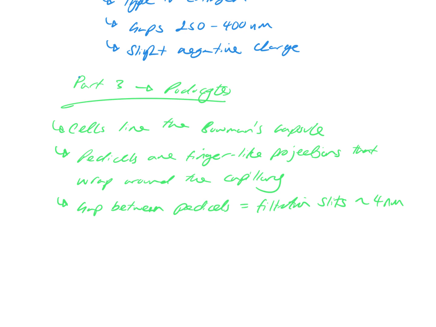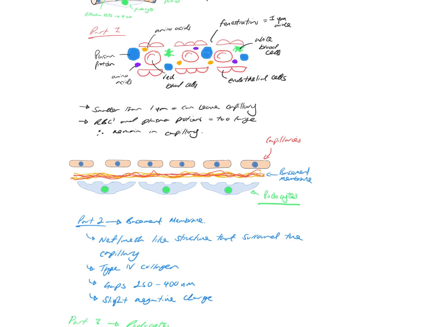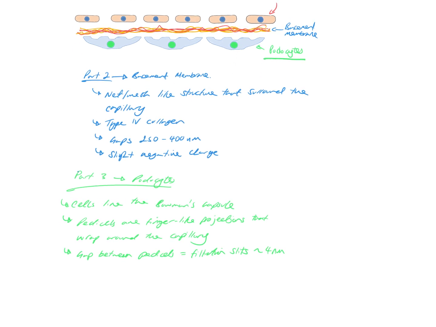So just to remind you, the first part of that filter that we looked at was the capillary, and that is going to differentiate on size, with fenestrations being 1 micrometer wide. When we come to the second part, we're at the basement membrane, and that's going to differentiate on the basis of both charge and also on size, with gaps here of 250 to 400 nanometers.